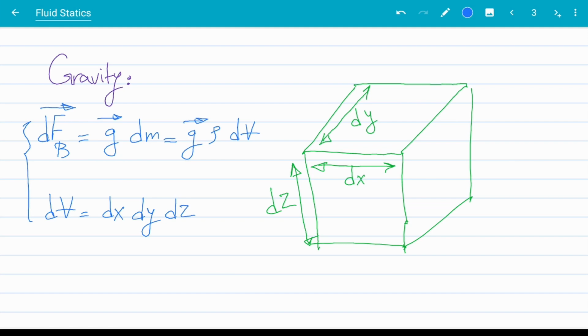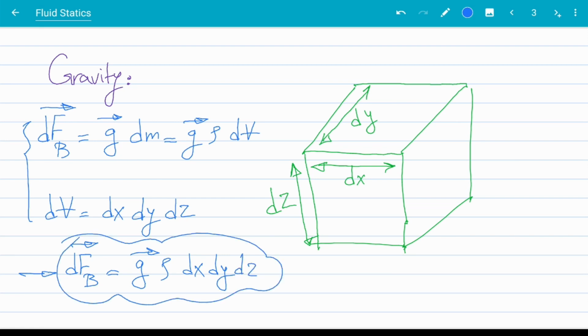So putting these two equations together, I can conclude that the body force due to gravity on this fluid element is g rho dx dy dz. So this is the body force acting on this fluid element. So we decided that pressure is the only form of surface force acting on a fluid element in fluid statics.